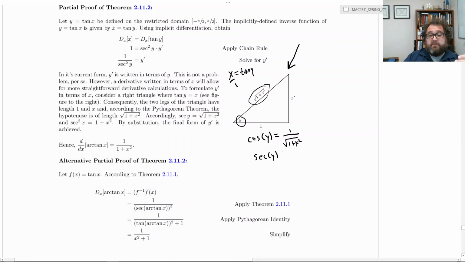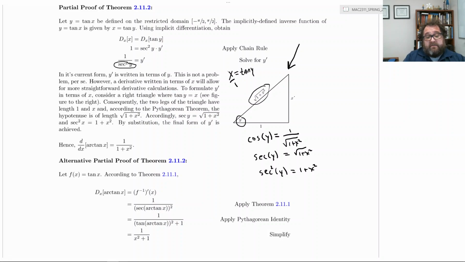Secant is the reciprocal, so it's going to be the radical of 1 plus x squared. So what's secant squared going to be? Secant squared is going to be 1 plus x squared. So then just by substitution, we get 1 plus x squared in the denominator when we replace this secant squared with 1 plus x squared. Done.